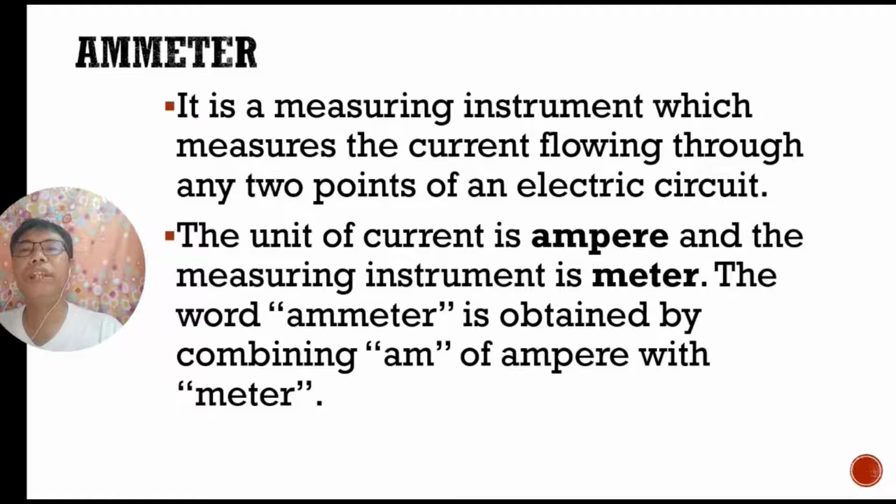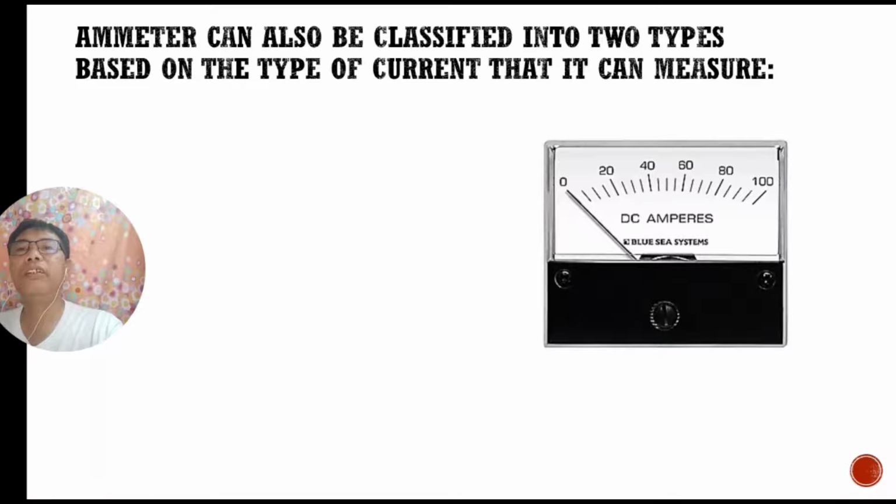Okay, the unit came from the name of Sir Andre Marie Ampere, the one who studied about current. Now, the word ammeter is obtained by combining am of ampere with meter. Ammeter can also be classified into two types based on the type of current that it can measure.